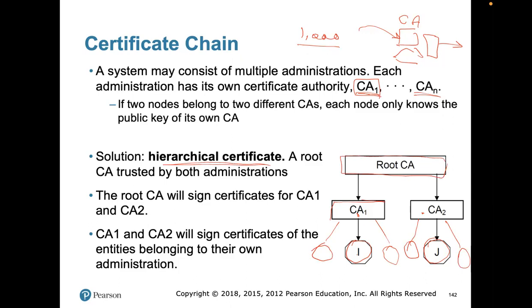So if two nodes like I and J are not under the same CA, each one communicates with their own local CA, and the CAs then communicate with each other through the root CA. This way, key exchange between nodes which are under two different CAs will be possible, will be doable.